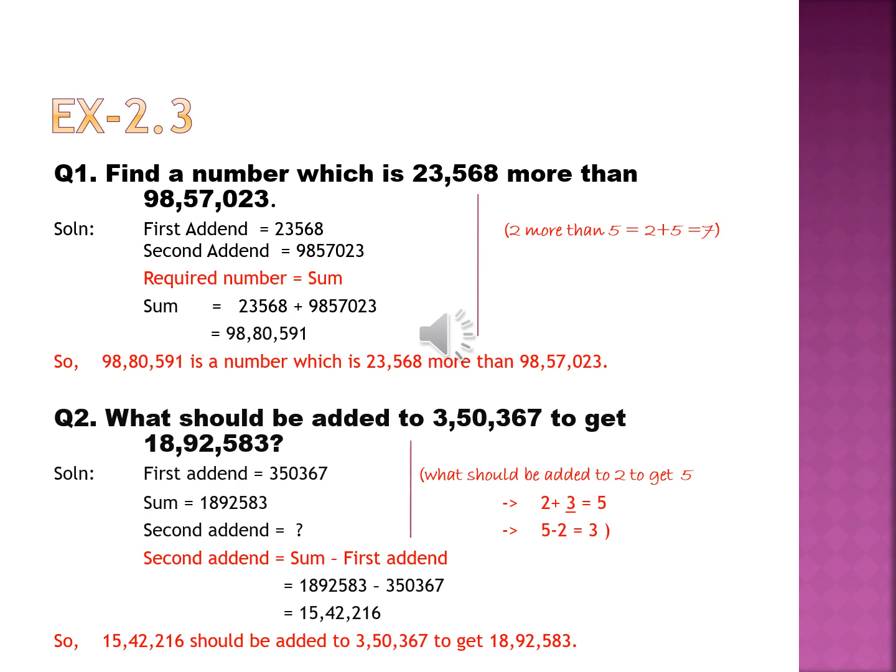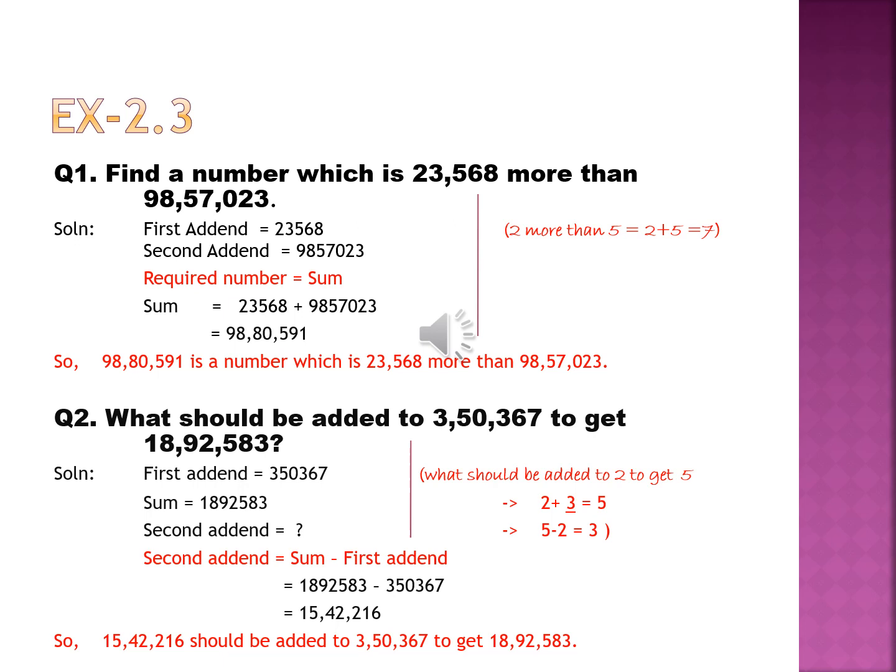Suppose I give you a question, find a number which is 2 more than 5. 2 more than 5 means 2 plus 5, right? So 2 plus 5 is 7. So always think of a smaller number, a smaller example before working with the larger number, and then you can understand what you have to do in the word problem.